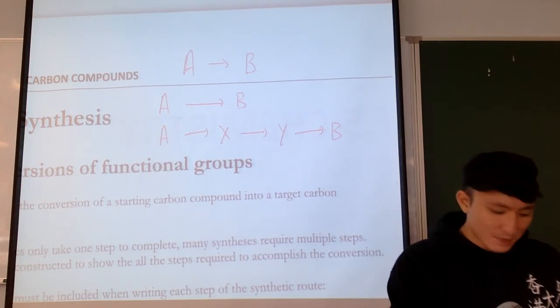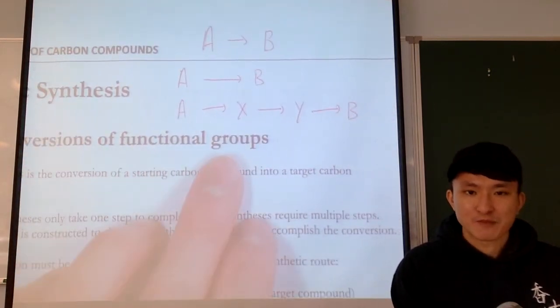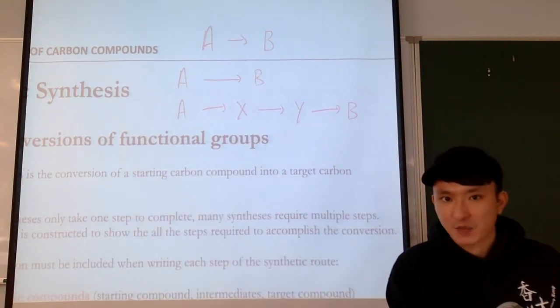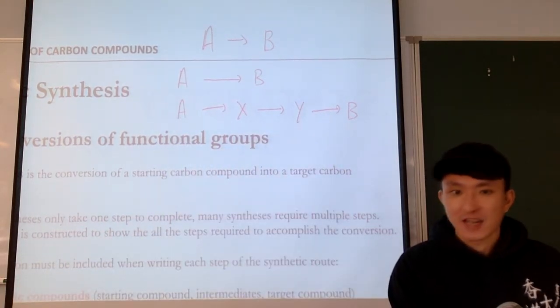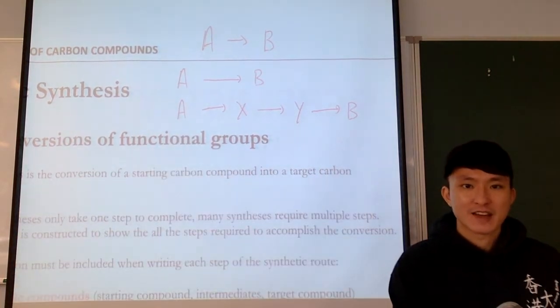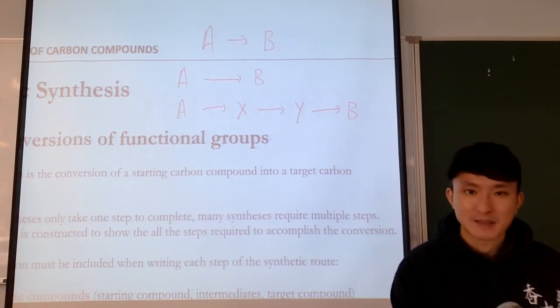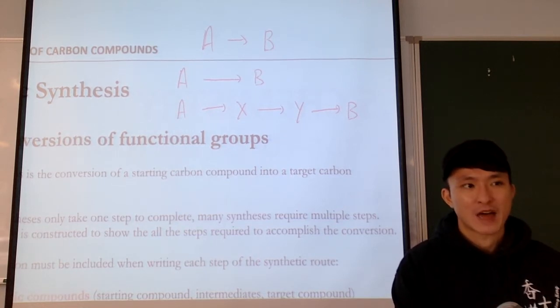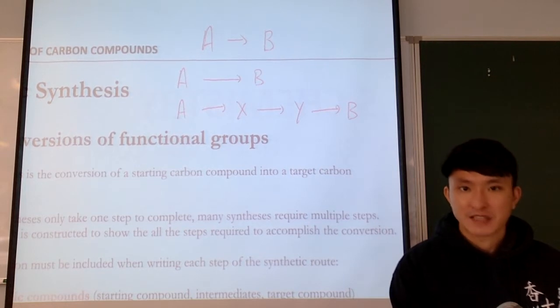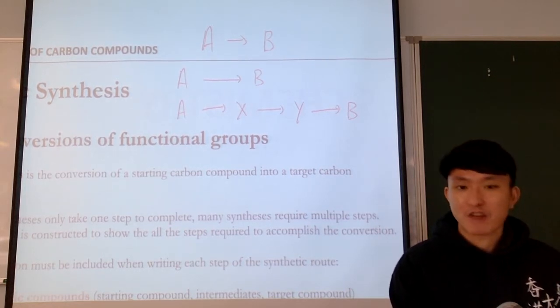So in organic synthesis, we are trying to improvise the reaction pathway or reaction route as to how to convert A into B, in 1 step, 2 steps, or maybe 3 steps. In the DSE syllabus, we are expected to have at most 3 steps. So that's why you need to know the chemical reactions very well, otherwise you cannot think about the synthetic route.